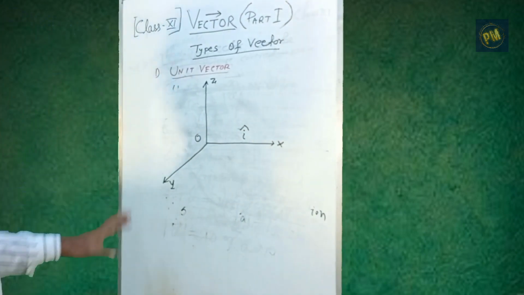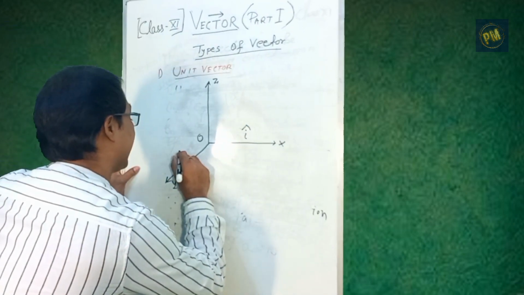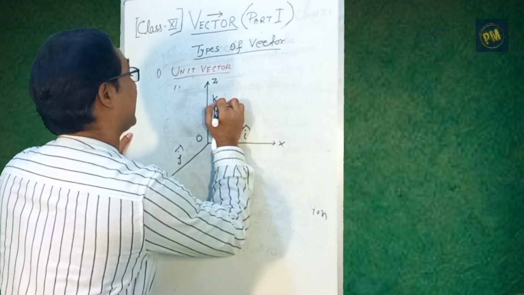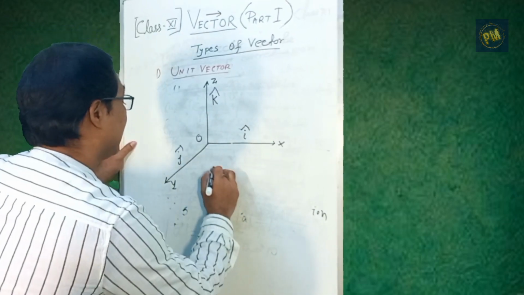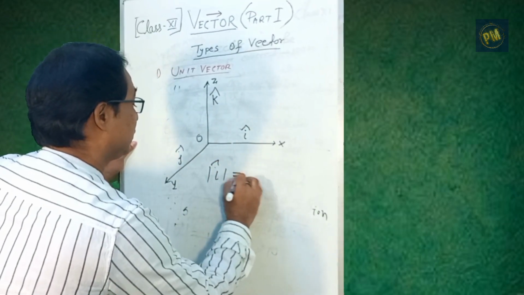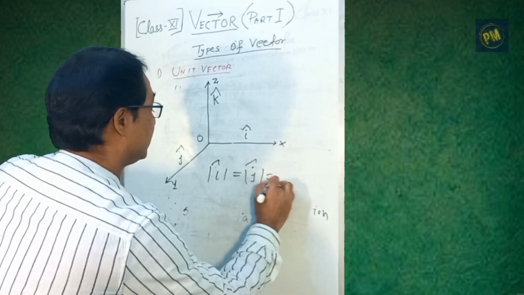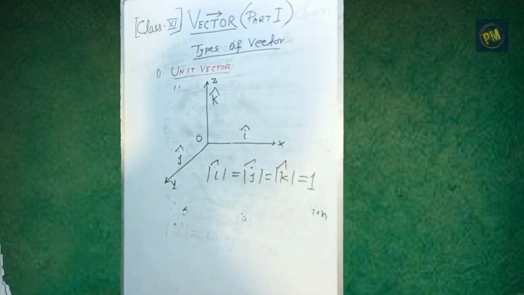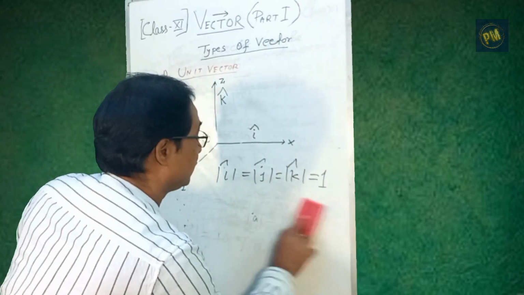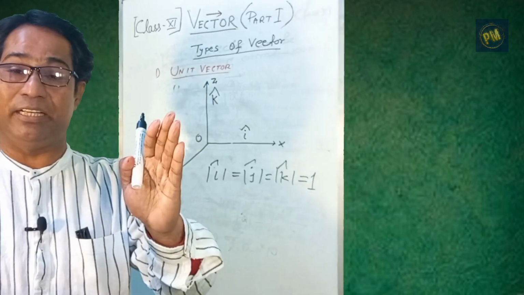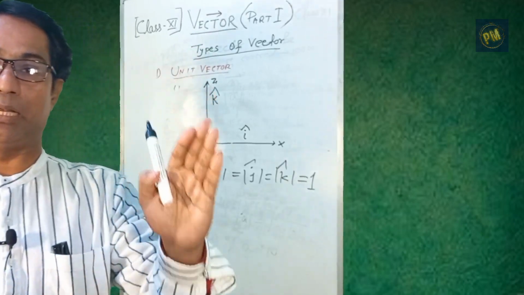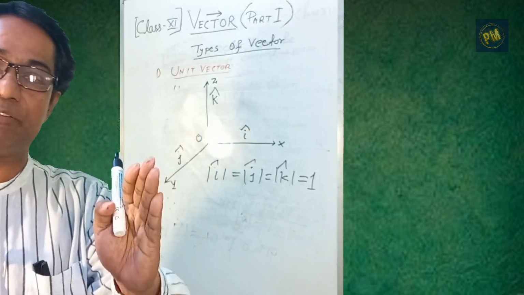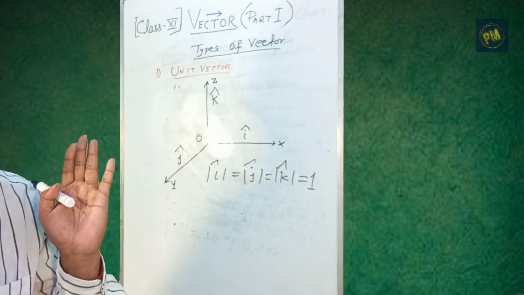The unit vector in the y direction is taken as j cap, and the unit vector along the z direction is taken as k cap, such that mod i cap is equal to mod j cap is equal to mod k cap is equal to 1. It does not mean that every unit vector is equal. Every unit vector has the magnitude 1, but every unit vector has a different direction.